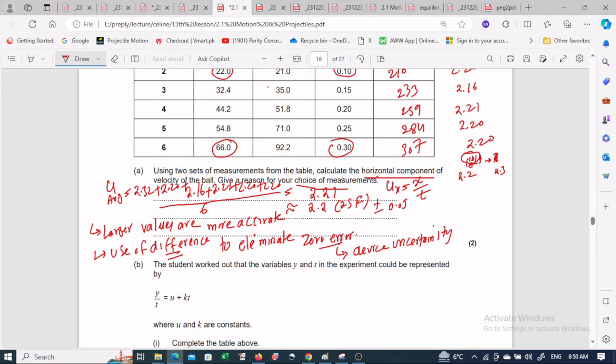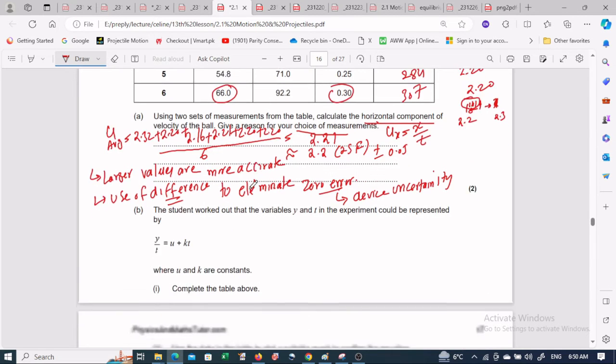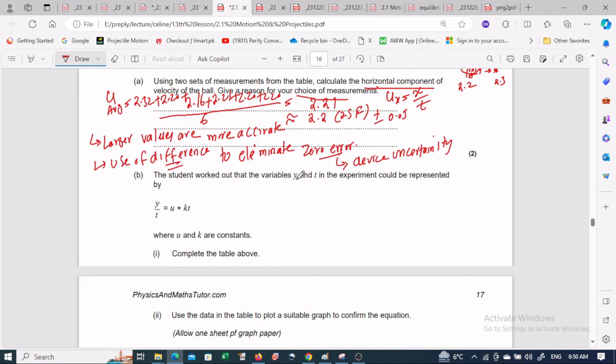Okay, now for part B, the student works out that variables y and t are related and can be represented by the equation. So here is the equation, that is y over t is equal to u plus kt.